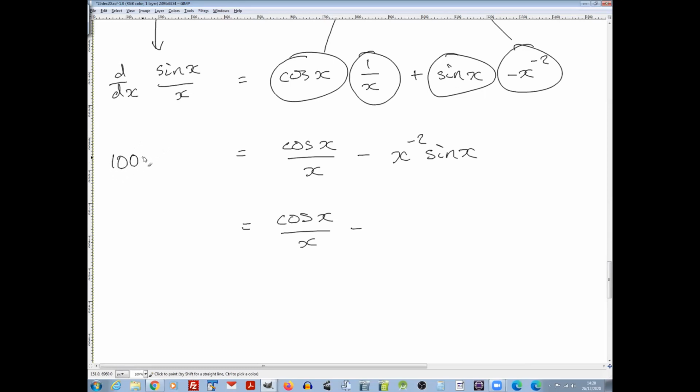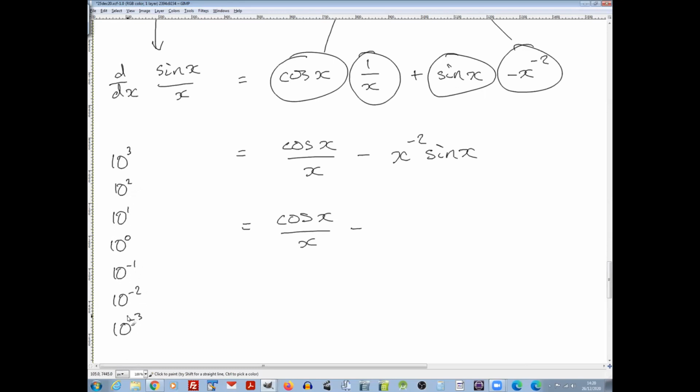So if we work our way down from 10 to the power of 3, 10 to the power of 2, 10 to the power of 1, 10 to the power of 0, 10 to the power of minus 1. Yeah, it makes it a fraction.